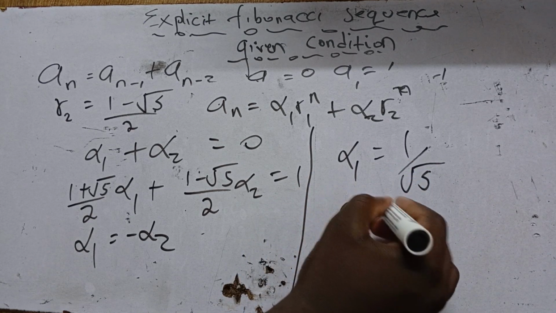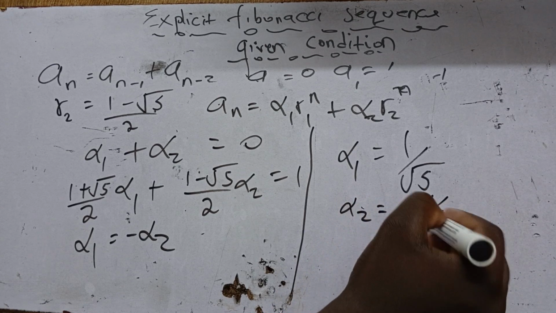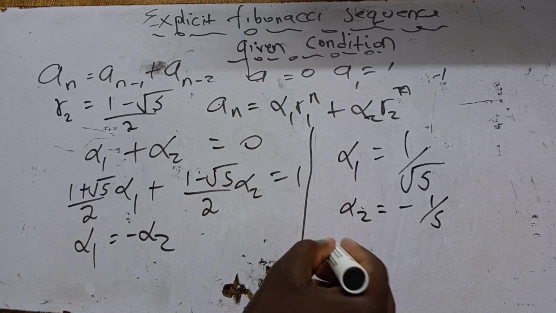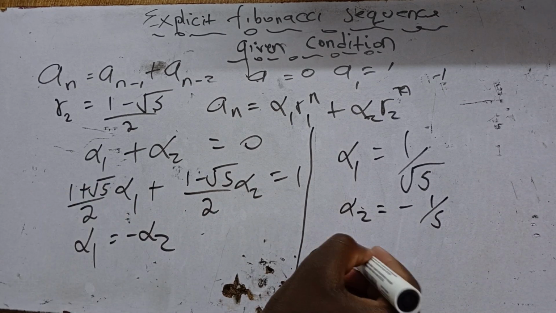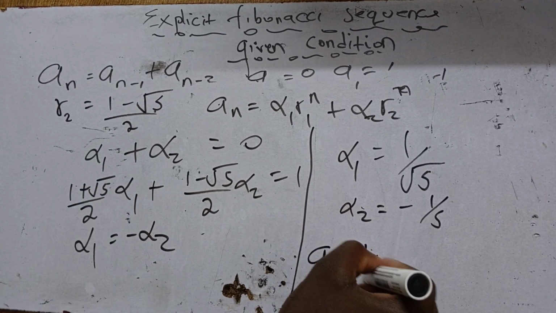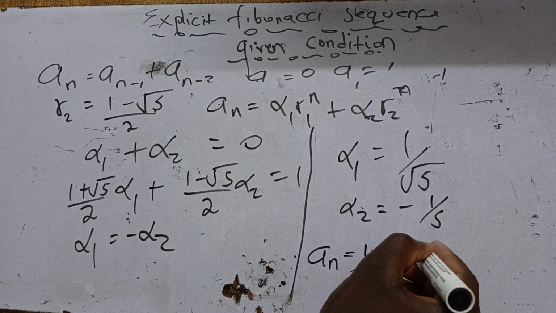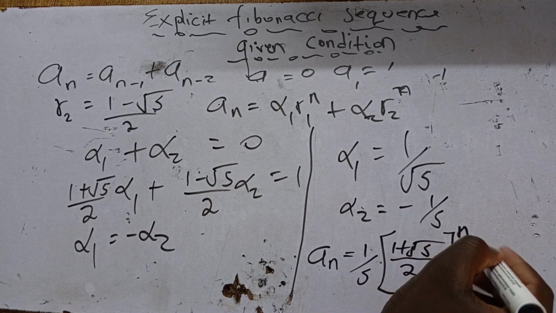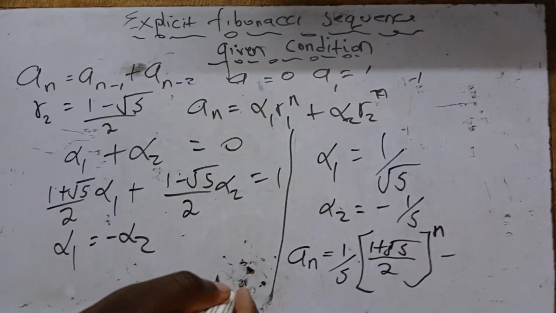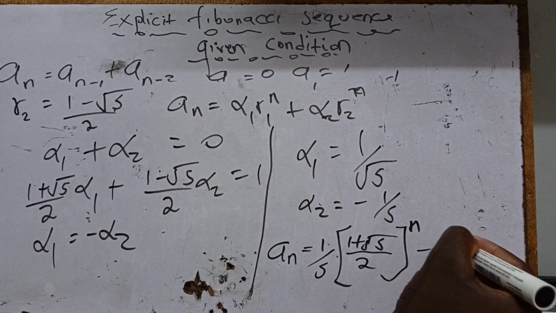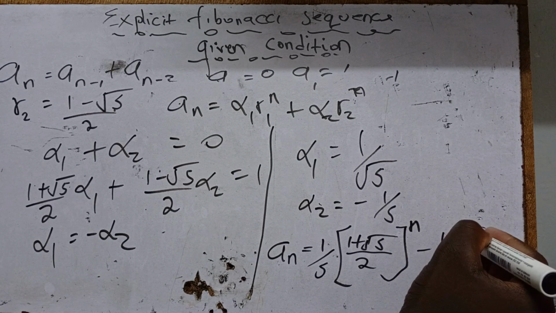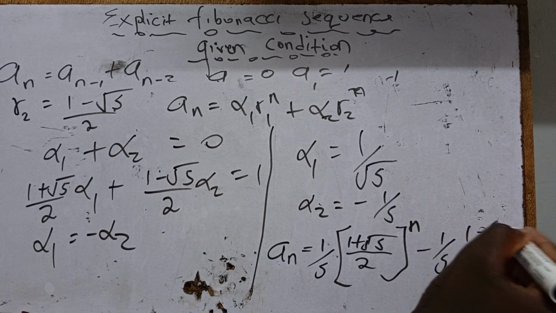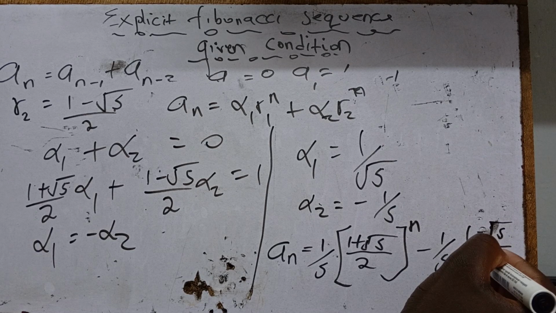So our alpha 2 is equal to negative 1 over root 5. So our answer will be an is equal to 1 over root 5 times (1 plus root 5 over 2) to the n, minus 1 over root 5 times (1 minus root 5 over 2) to the n.